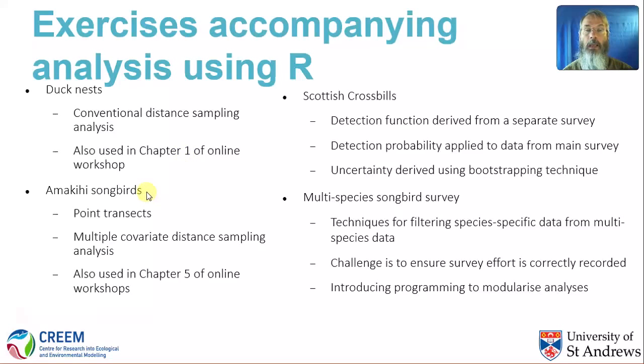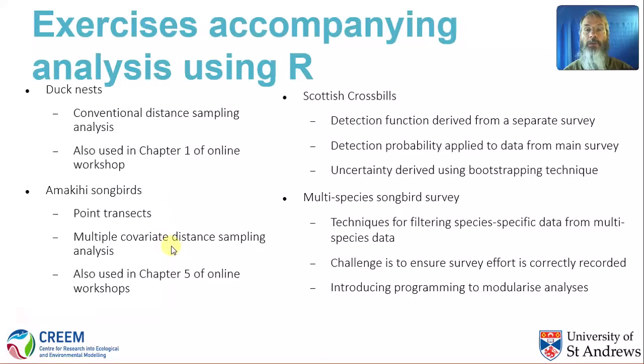The second exercise. And again, it's merely coincidence that all of these data sets, all of these exercises, happen to be avian related. The second exercise deals with some Hawaiian songbird data. Those songbird data were collected in point transects.